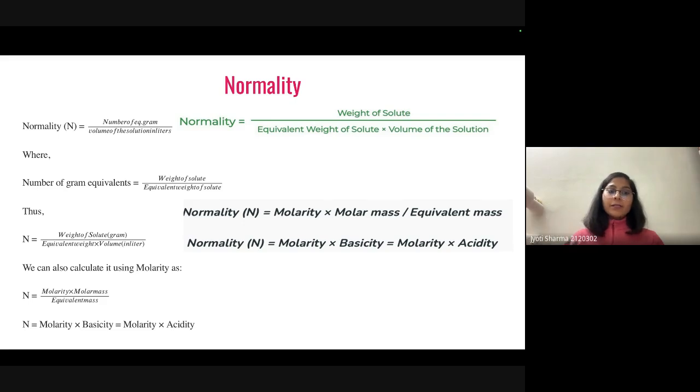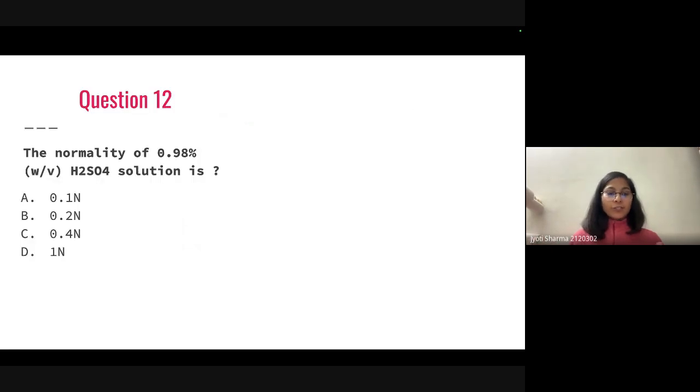And you also have the relation of normality with molarity: normality is equal to molarity multiplied by either basicity or acidity. Based on that, I have one question.